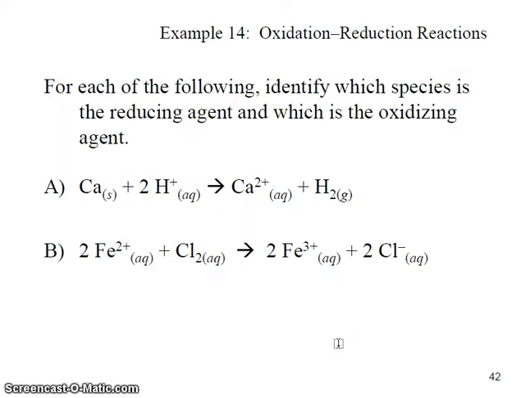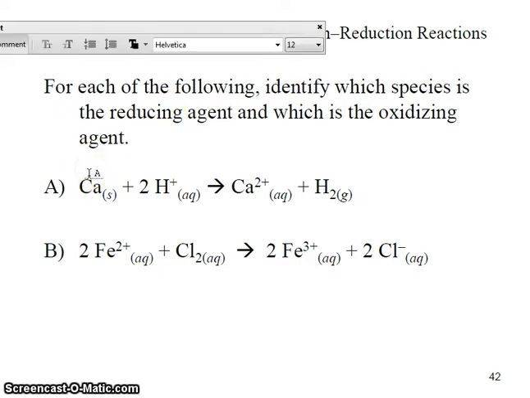Now, the next question asks you, for each of the following, identify which species is the reducing agent and which is the oxidizing agent. So right here we have calcium plus 2H+ giving you Ca2+ and H2. The best way to go about it is to identify what goes through oxidation and what goes through reduction. So you have calcium at 0 and it is becoming +2.